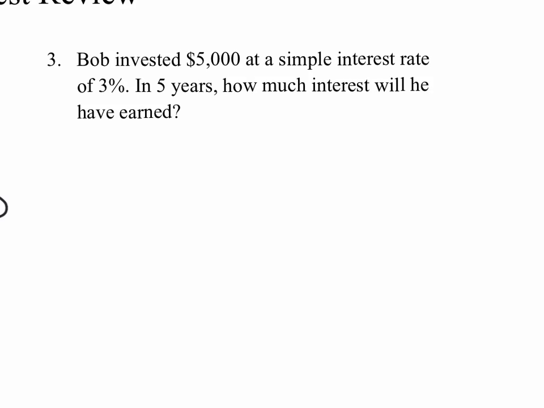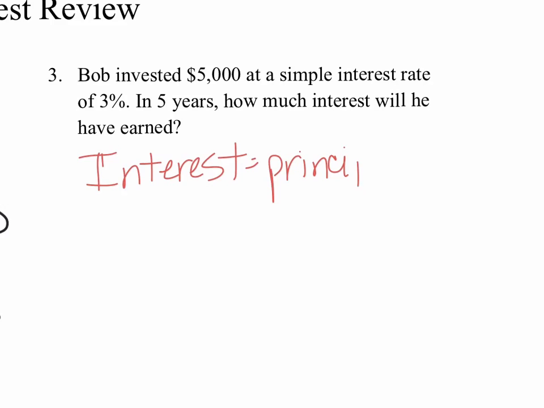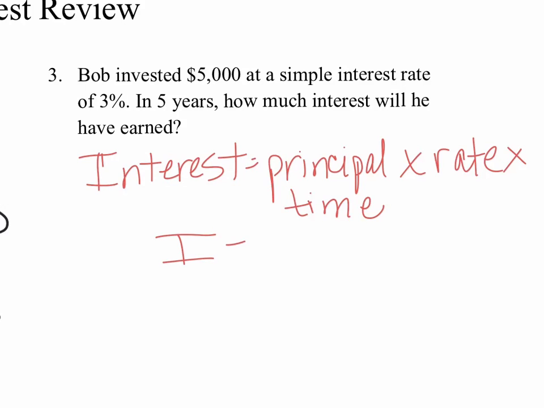This is from Chapter 3, Lesson 8, where we had interest is equal to the principal times the rate times time, or I equals P R T.